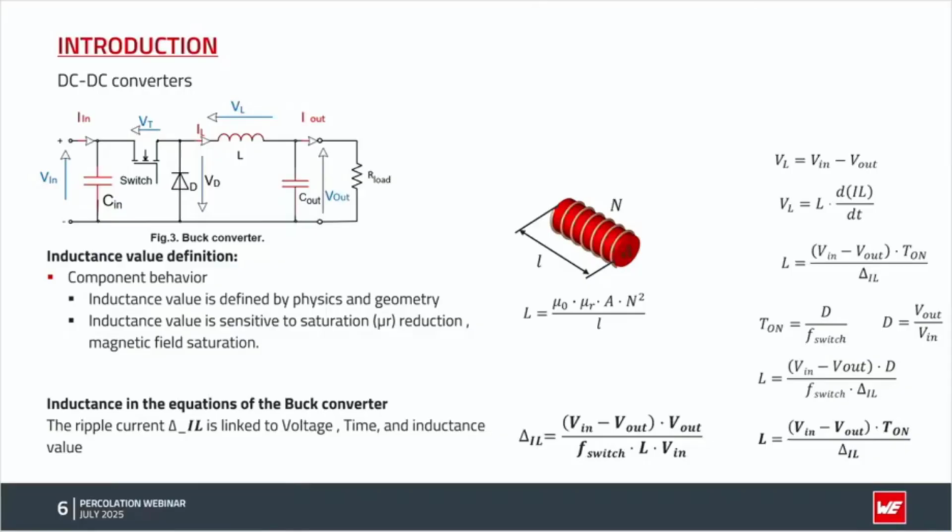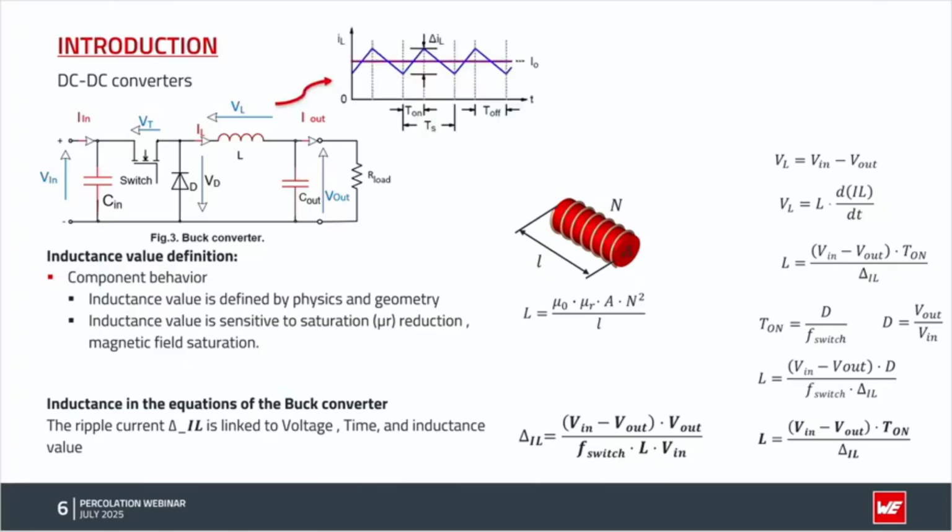But if we move on to this ripple current that we're speaking about, the variation of the ripple current can be fixed if we have the same switching frequency, the same input voltage and output voltage. So if we plan our design very well, we don't expect a variation in the ripple current.